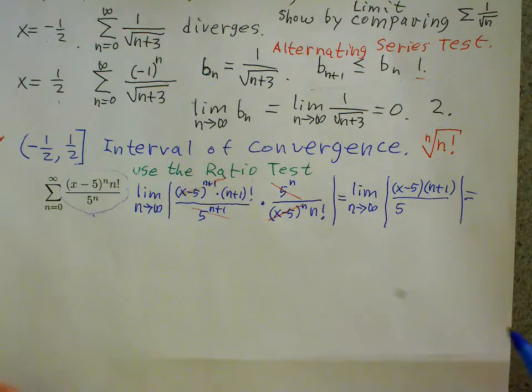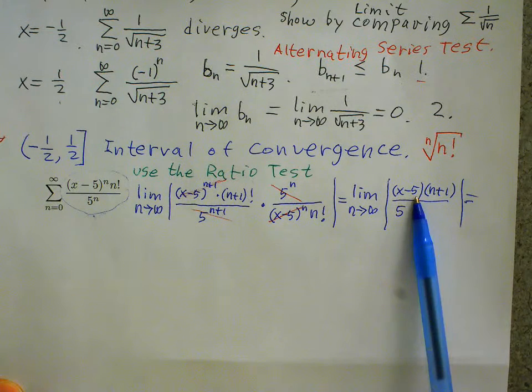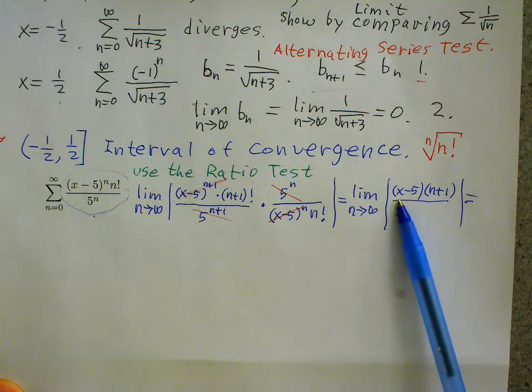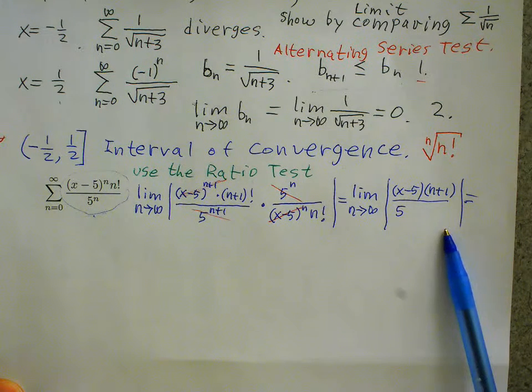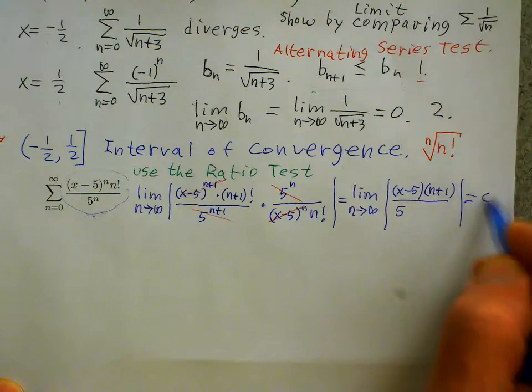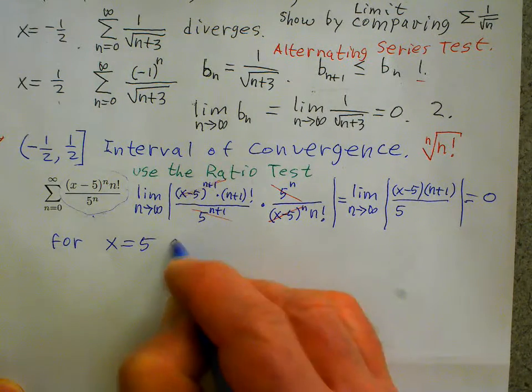Infinity. Yeah, infinity, except for one value of x. 5? Yeah, when x is 5, the limit is 0. But for any other value of x, the limit is infinity. So this limit equals 0 for x equals 5 only.